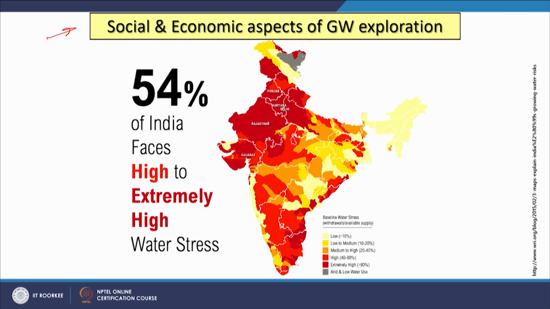A large part of India, more than half, 54%, is facing high water stress, shown in light red to maroon colour for extremely high stress, and especially this scenario is in the eastern part of India, or mainly Rajasthan, and some parts of even UP also face that problem.